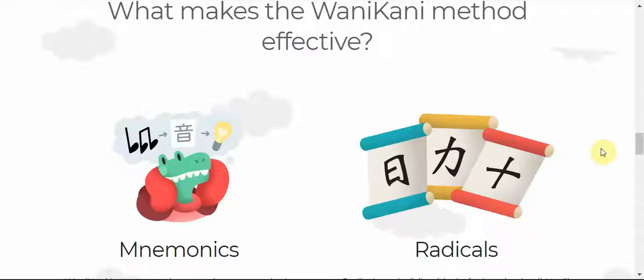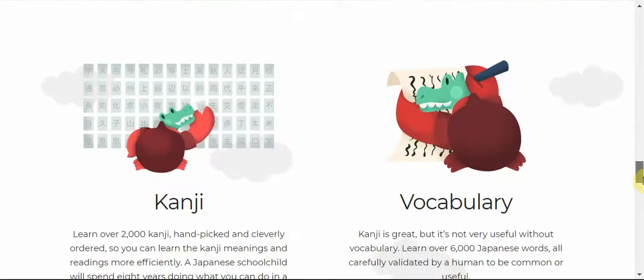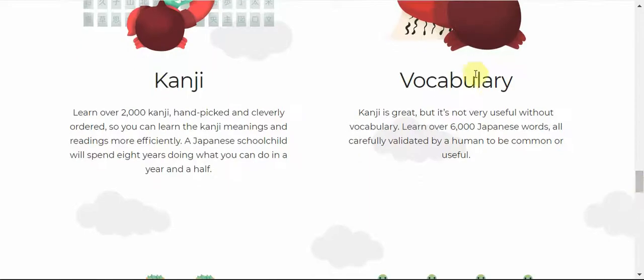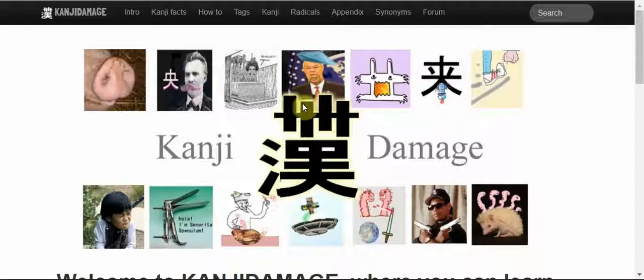So what does WaniKani do? WaniKani uses mnemonics and radicals to help you learn the kanji, plus it also adds vocabulary that can help you use the kanji in context. WaniKani is also very similar to another website called kanjidamage.com.